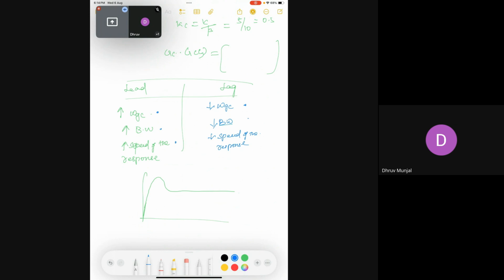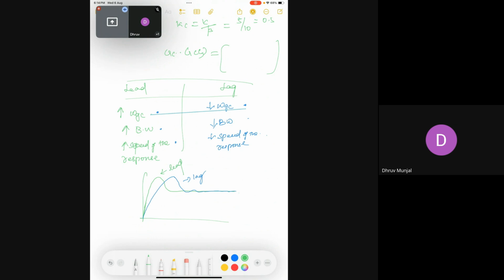Thereby, it reduces the bandwidth and it reduces the speed of the response. When we plot the step responses, it looks like this, right? So this is of lag and this is of lead. So these are the practical implications of the lead and lag compensator.